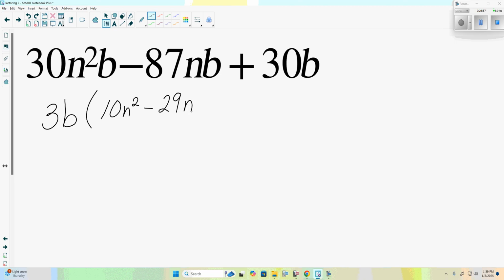The n is still there, but the b factors out completely. Plus, when we factor the 3 out of 30, we're left with 10. And again, the b factors out completely. So really that b term factored out of all three terms completely. So we still have the 3b as part of our factor. But now what we're focused on factoring is 10n squared minus 29n plus 10.